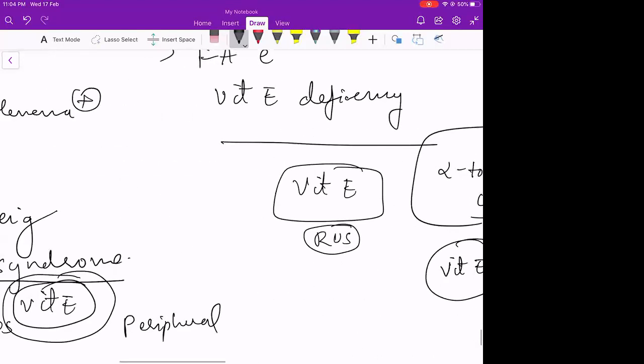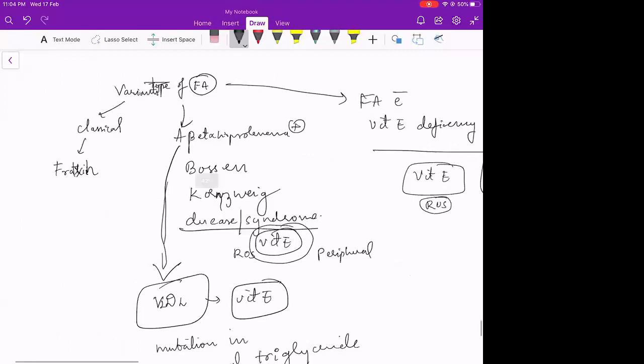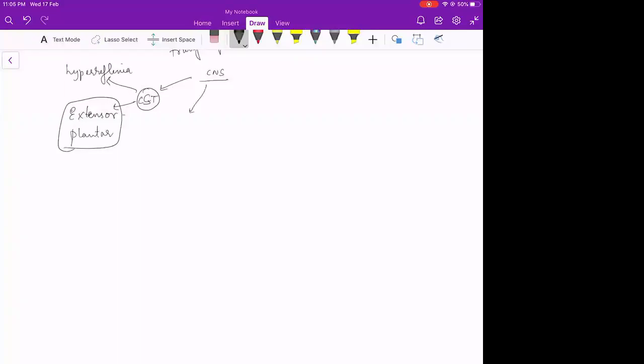So we read particularly about the CNS manifestations, that the cerebellar, the spinal, and the corticospinal tract will be affected. The patient will have extensor plantar and hyperreflexia. Sometimes the patient will have extensor plantars and hyporeflexia.